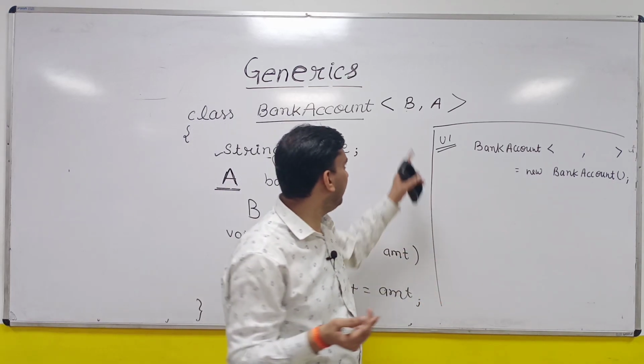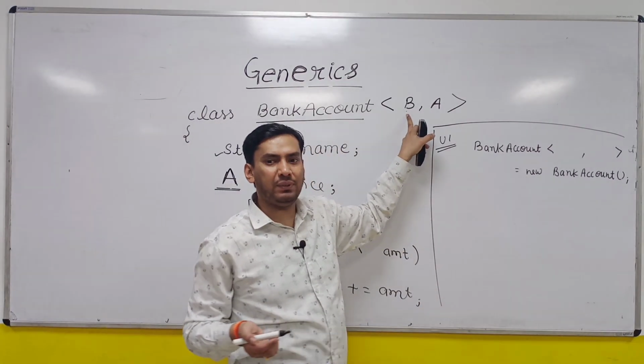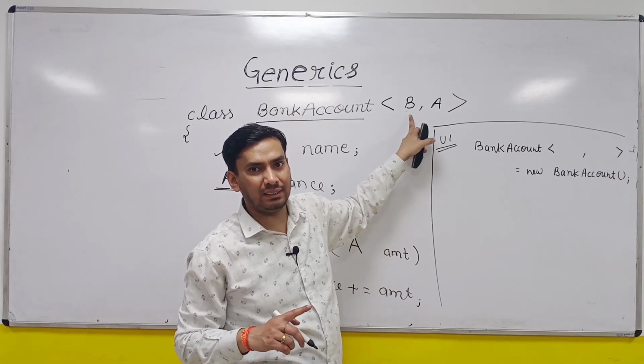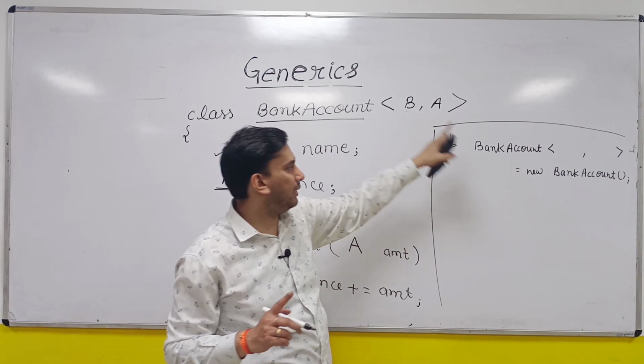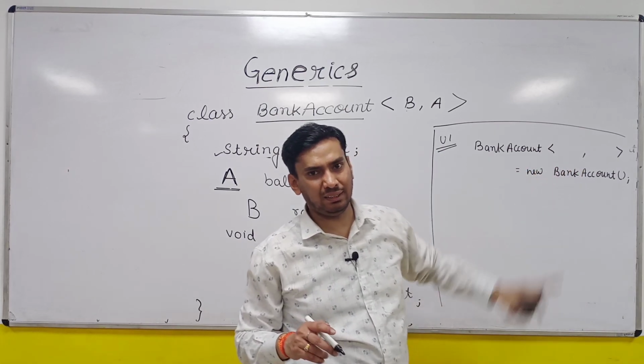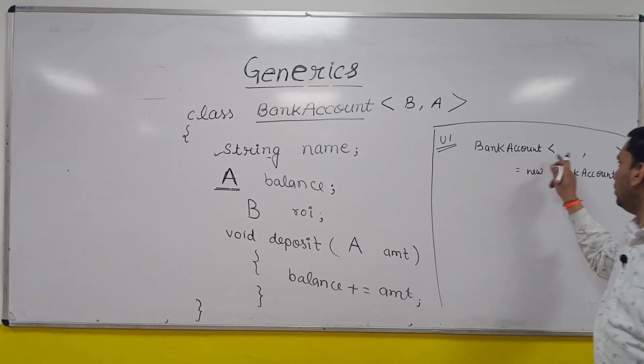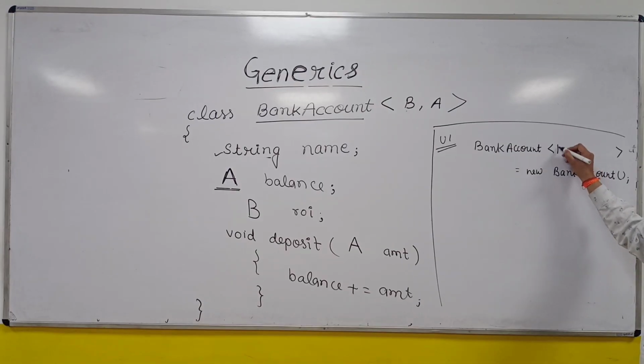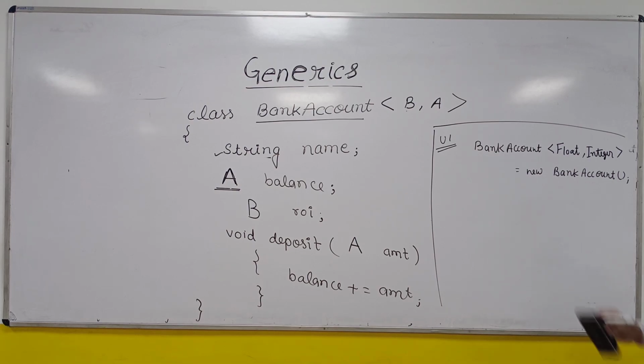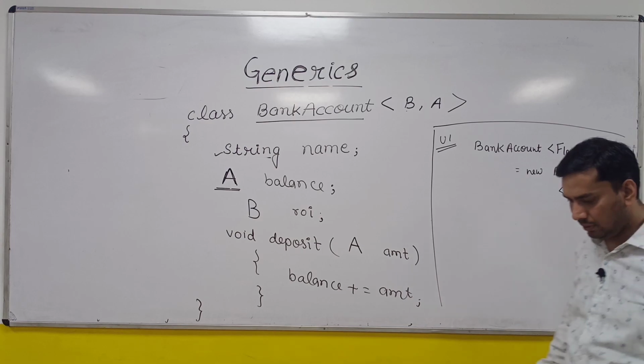So if you want to make the first type of int type, you will write Integer, right? You don't write int. If you write int, it will give you a compilation error. Okay? So here I am going to write, let's say, Float, and here I will write Integer. So now tell me, what will be the type of balance here?